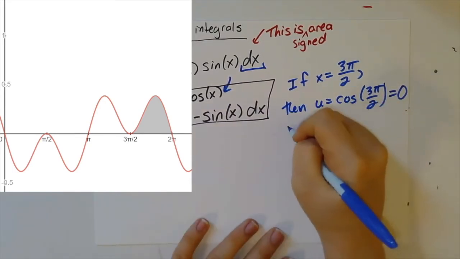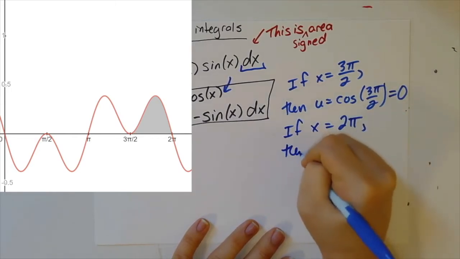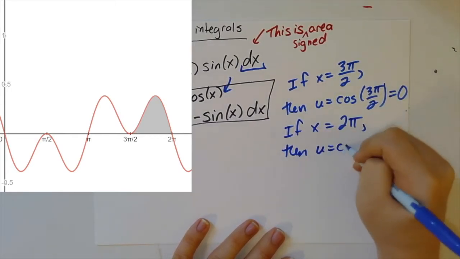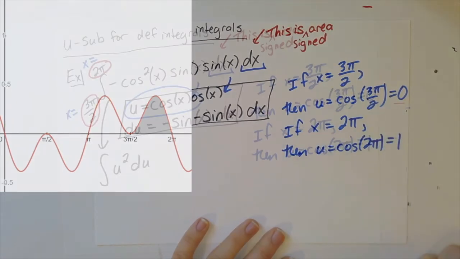And likewise, if x equals 2 pi, then u is the cosine of 2 pi, which is 1.